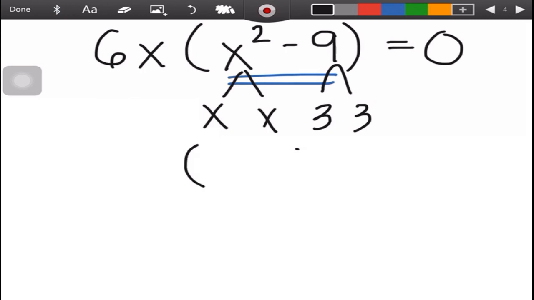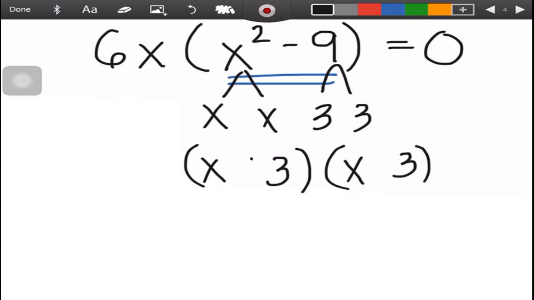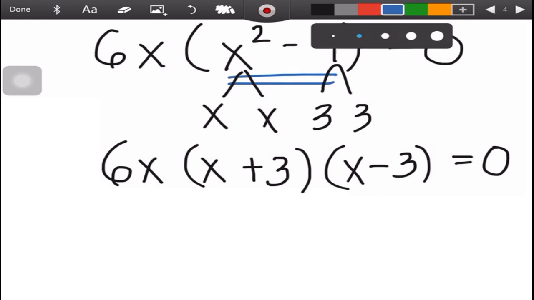Then we write the factors in two parentheses, the factors of x squared and the factors of 9. And then we will use opposite signs, one positive, one negative, and don't forget to write the remaining terms. Here, we can now solve the value of x by equating all the factors to 0.